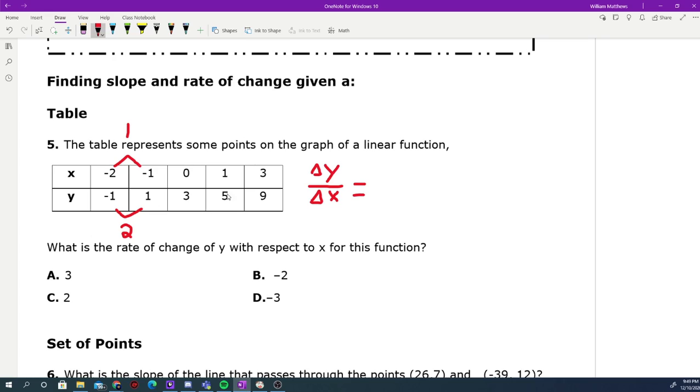For this problem, that would be 2 over 1, which we can simplify to a whole number of 2. So in this case, my slope, my rate of change, is 2.